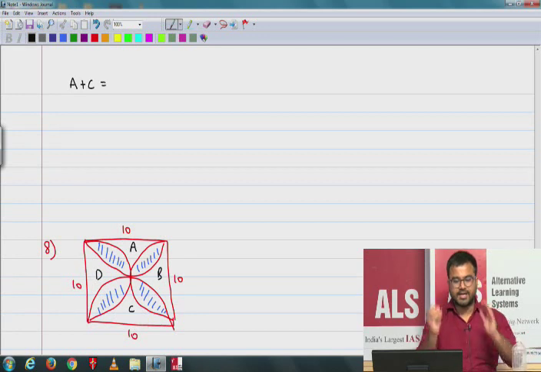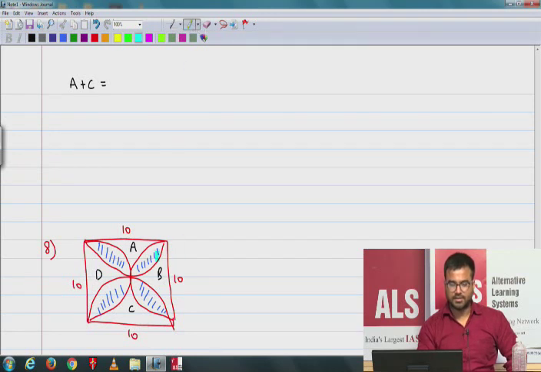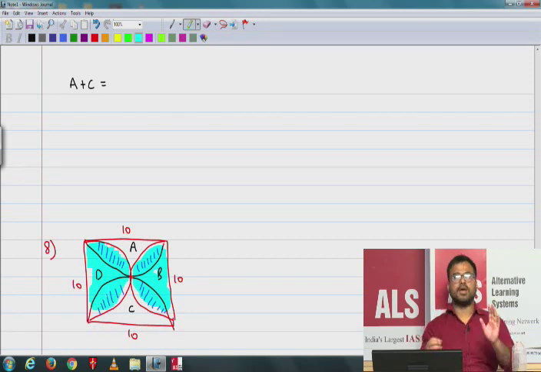Can I say the area of unshaded regions A and C we can get from the total square if you subtract these two semicircles?